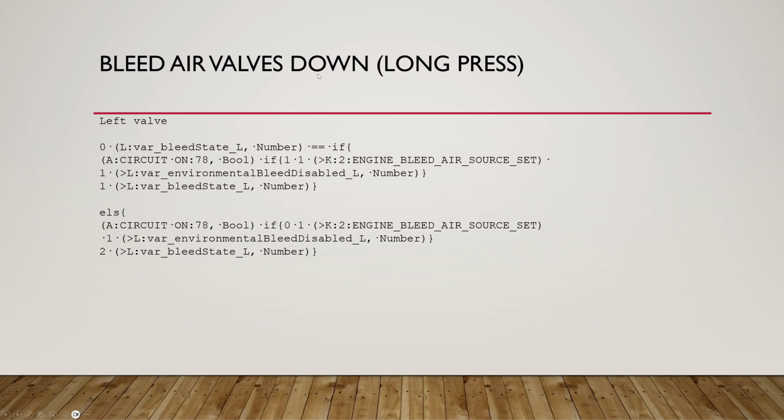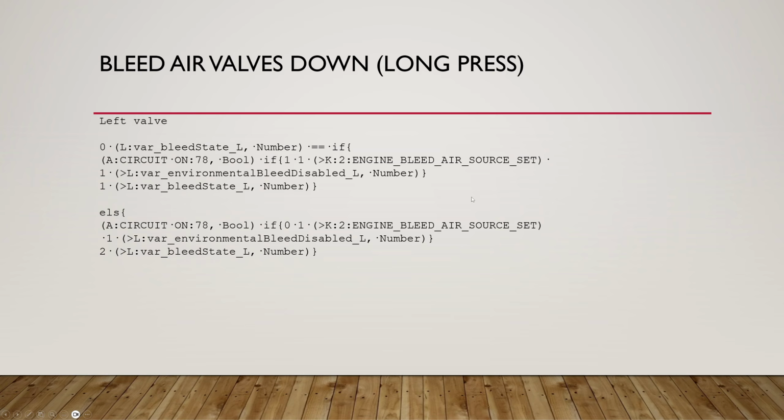On the long press, that moves the switch down. So on the left one, if it's in position 0, it'll move it, well, that will still be on, but it disables the environmental stuff, moves it to position 1. And here, if it's in the middle position, then we're going to switch off engine 1, so it's not bleeding air at all, and of course the bleed will be disabled to the cabin.